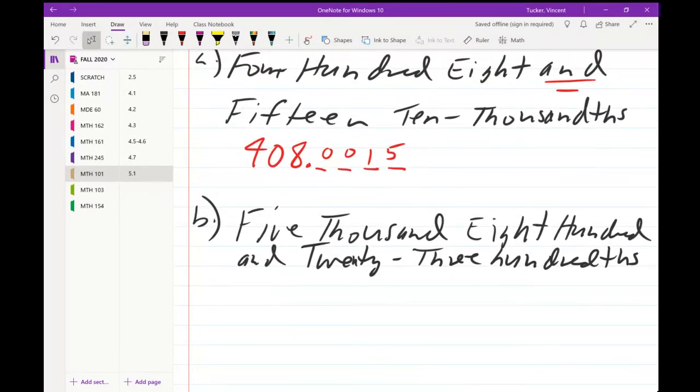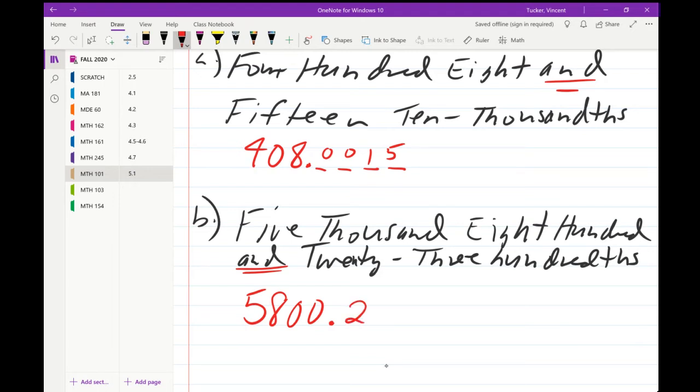All right, so next one, 5,823 hundredths. So 5,800 and is our decimal, and it says 23 hundredths.